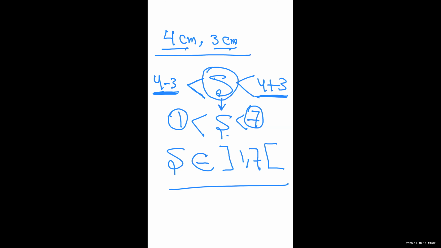So the side is greater than 1 and less than 7. We get the interval, so the side belongs to this interval, 1 and 7, but it's not greater than or equal, it's greater than only. So open. And on the side of 7, also less than only, so also open. So the side belongs to this interval 1 and 7, but 1 and 7 are not included because it's open from the two sides. I mean that all elements between 1 and 7 can be a length of the third side. Okay, guys, are we clear?